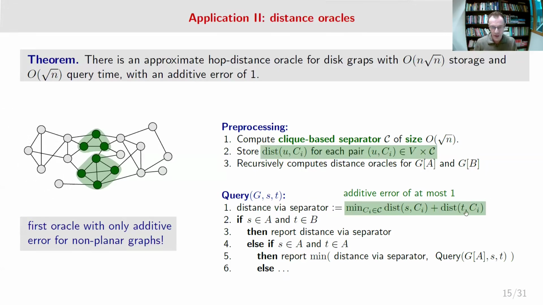And for this guy, you get the optimal result up to an additive error of 1 of all the paths that somehow go via something in the separator. Because there's no plus here, but a min, it doesn't accumulate.